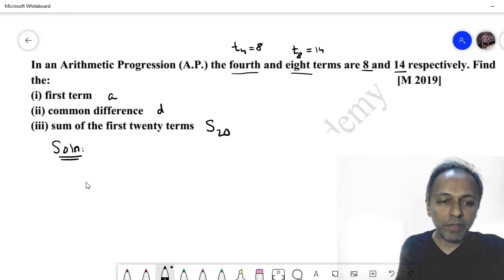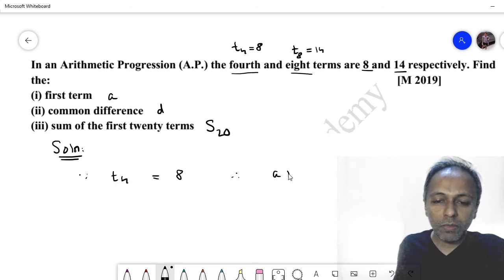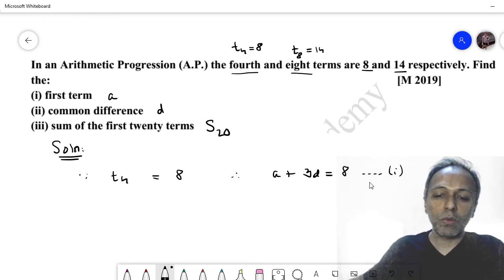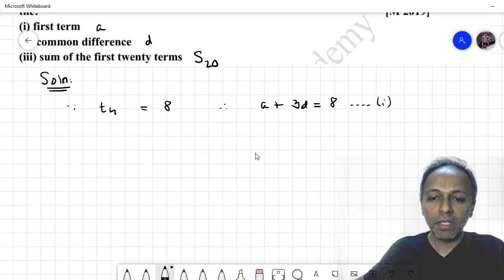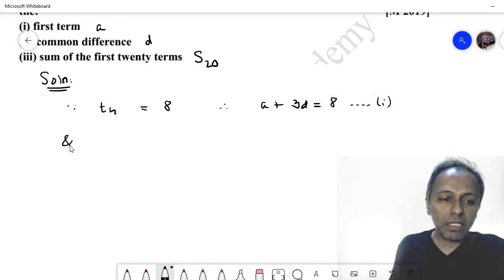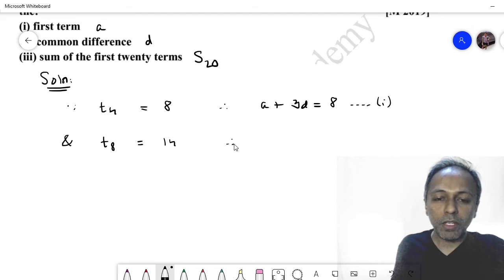Let us begin with the given data. Since T4 is equal to 8, therefore a plus 3d is equal to 8, as we know T4 is equal to a plus 3d. And T8, which is 14, therefore we can write a plus 7d is equal to 14. We can solve them simultaneously.